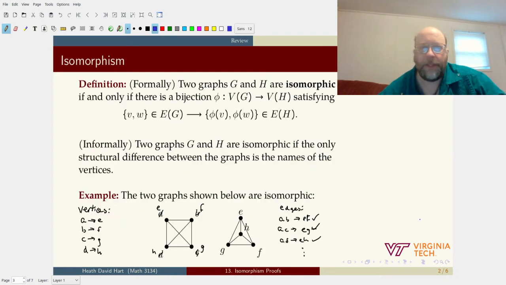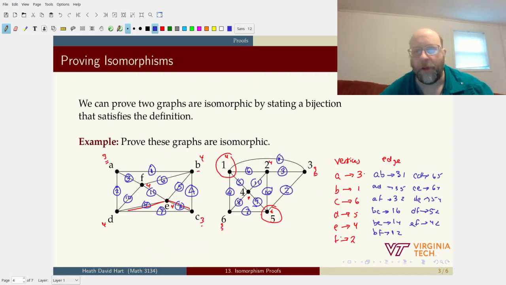Because the definition just says we have to show that there is a bijection. We don't have to show this for all bijections. We don't have to show this for everything. And so if you can just actually show me that there is a bijection and this is it, then this bijection works for the edges as well. And so we get compatible bijections for vertices and edges, and that's what we need for isomorphism.